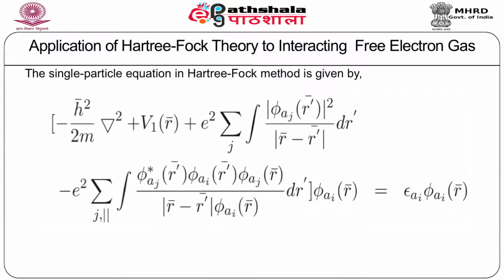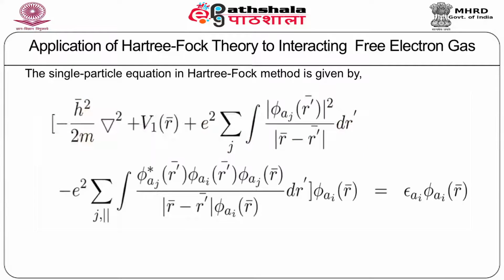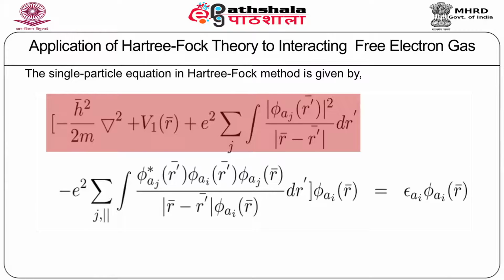The single particle equation in the Hartree-Fock method is given by the following expression, which is minus h cut square by 2m del square plus V1, the contribution from the ionic term, plus the Hartree contribution, which is e square summation over j integral phi aj square divided by r minus r prime integrated over dr prime.